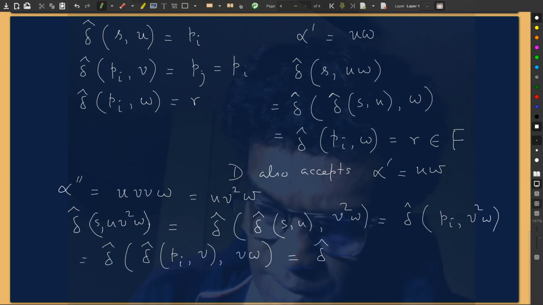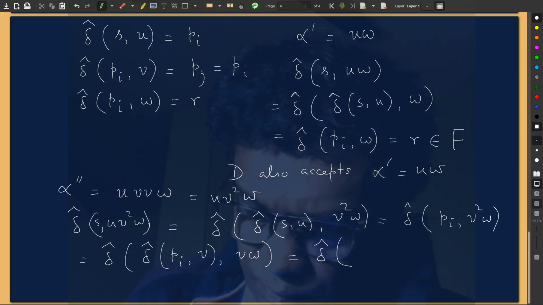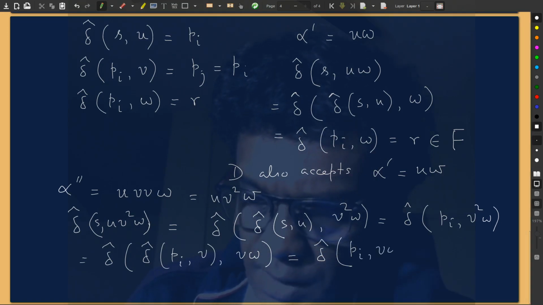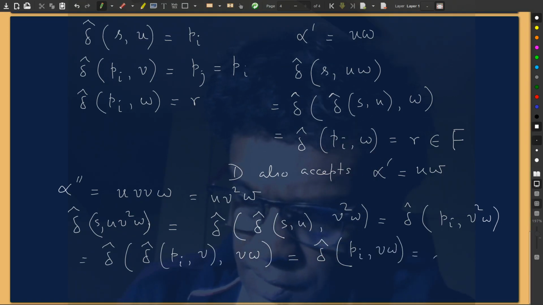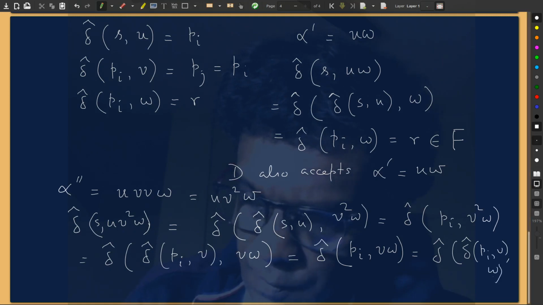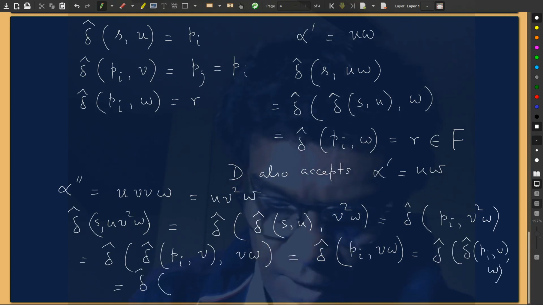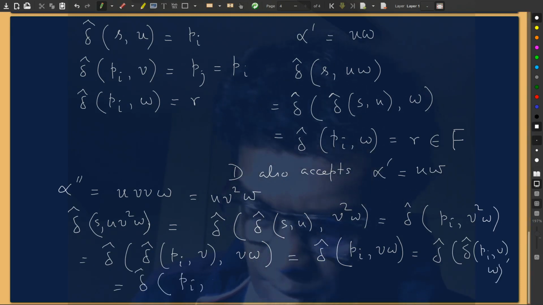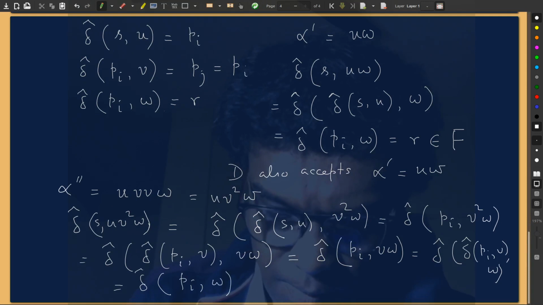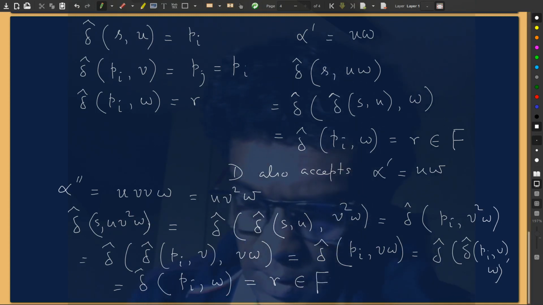This is nothing but delta hat of PI plus V, PI comma V is nothing but PI itself, VW. This is the same as delta hat of PIV, finally it reads W, which is the same as delta hat of PIV is PI itself, then W. By the last equation, this is R. So once again, this is the final state.